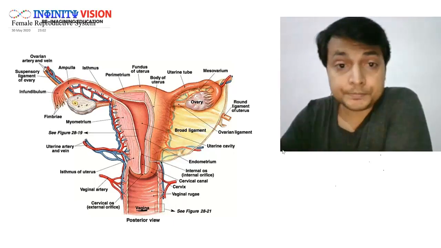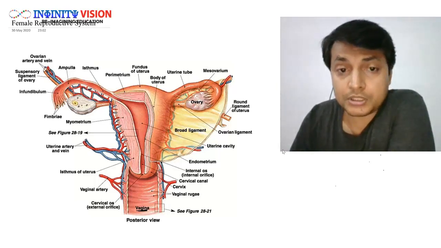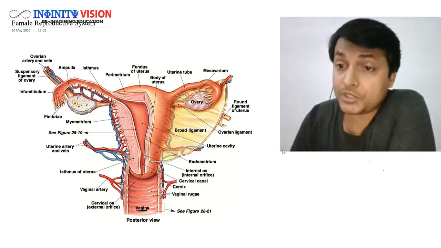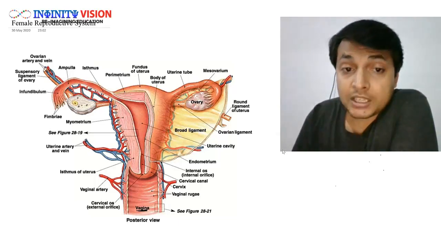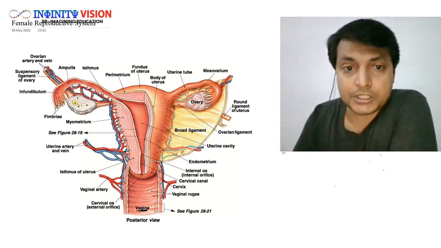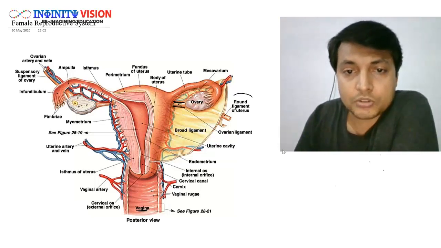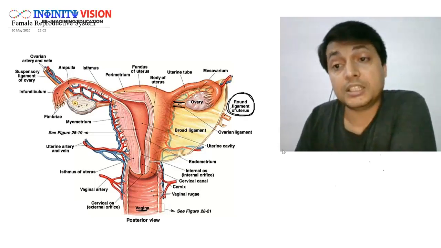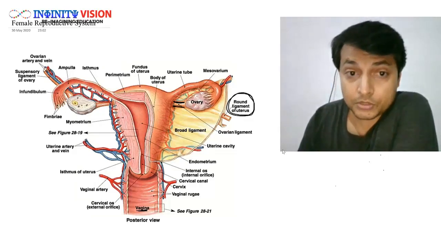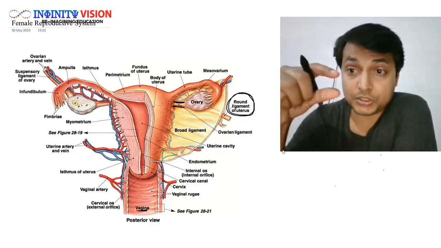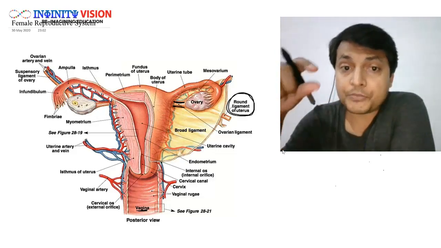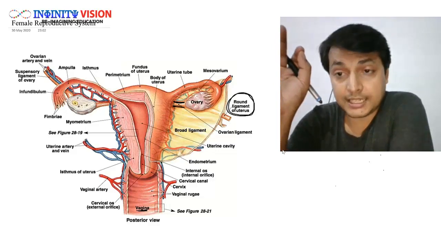They are attached to the uterus with this circular connective tissue, which is called the round ligament. Remember this. So ovaries are attached with the uterine wall with the help of the round ligament.